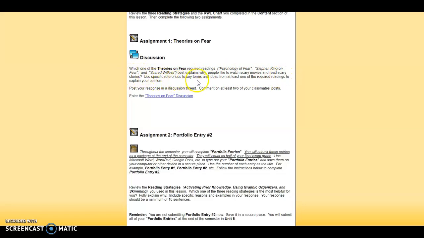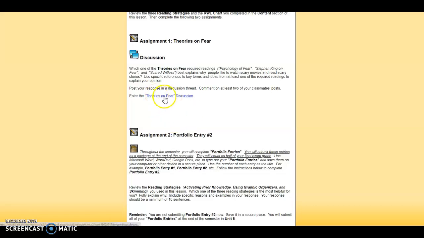Use specific references to key terms and ideas from at least one of the required readings to explain your opinion. So which one of those 3 readings, the Psychology of Fear, Stephen King on Fear, or Scared Witless, do you think best explains why people like to watch scary movies and read scary stories?